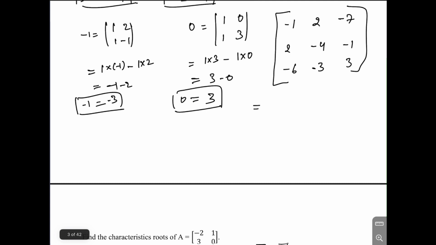But as we know, the signs in the matrix are plus minus plus, minus plus minus, plus minus plus. So we have to apply the signs also here.